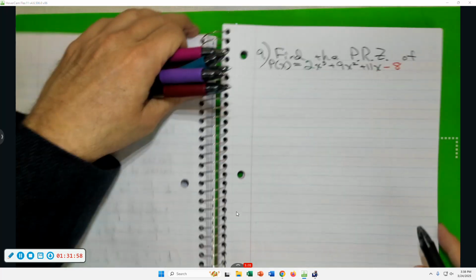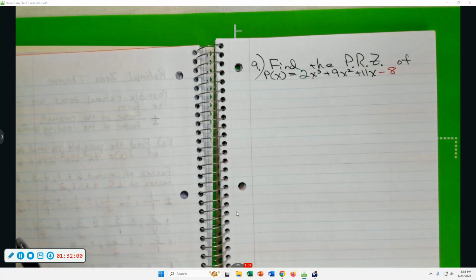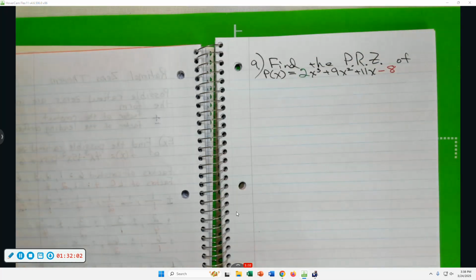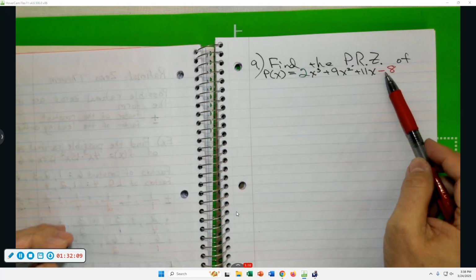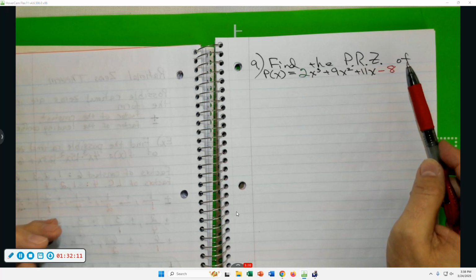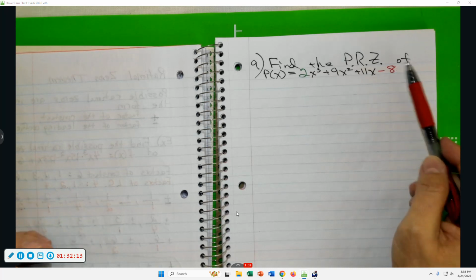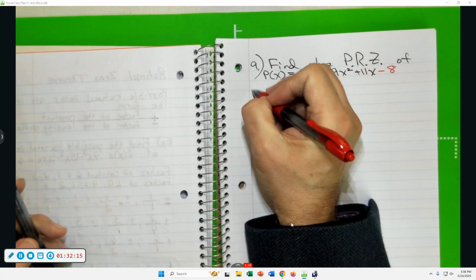But here we go. So let's write out the factors. First of all, it's the constant. And I'm not writing negative 8. I'm just writing 8. Remember, the plus minus takes care of those sign changes. So we need the factors of 8.